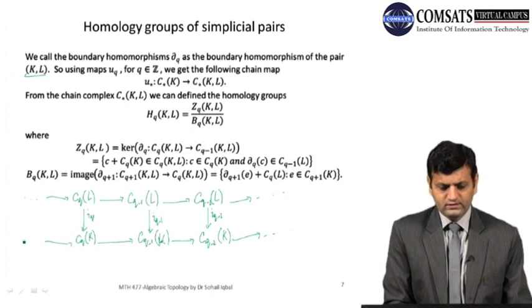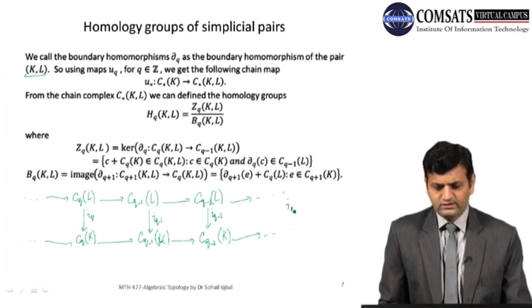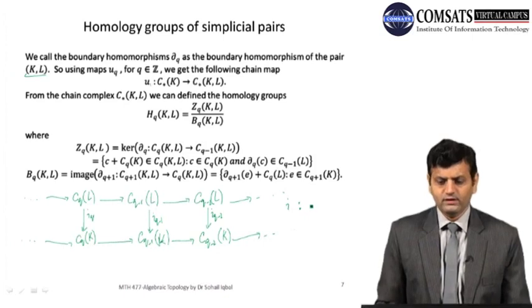So this gives me i_star, which is basically a chain map from the chain complex L to the chain complex K, and this will give me a chain map from C_star L to C_star K.